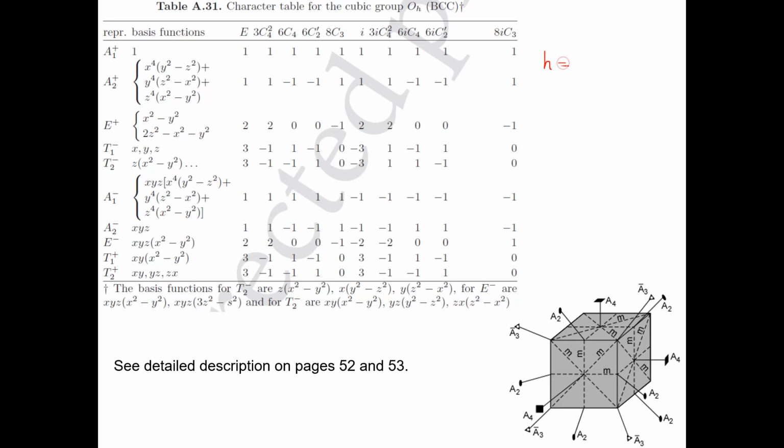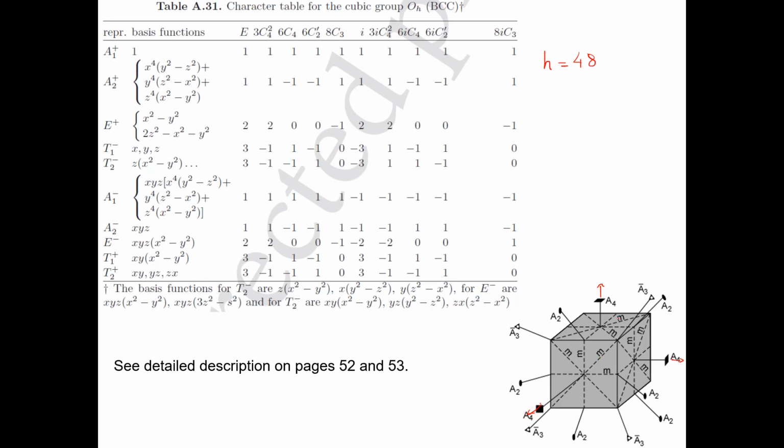It has a total of 48 symmetry operations of the cube. They are all listed here in different classes, different irreducible representations, and you can see that in this figure. You can see that you have the C4 axes, X, Y, and Z, in which you have 2 pi over 4 rotations, 90 degree rotations.